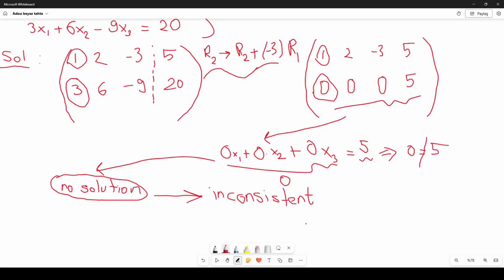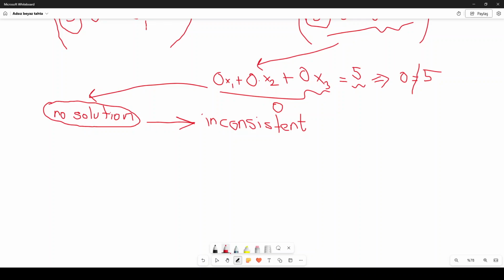If we have a row like this, let's generalize: on the left hand side, a finite sequence of zeros up to the vertical line where we store the right hand side values, and then a value b, where b is different from 0, in this case we have no solution.